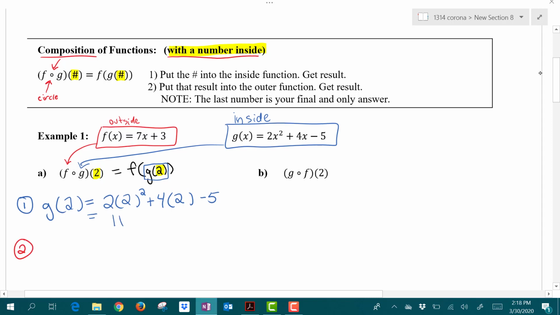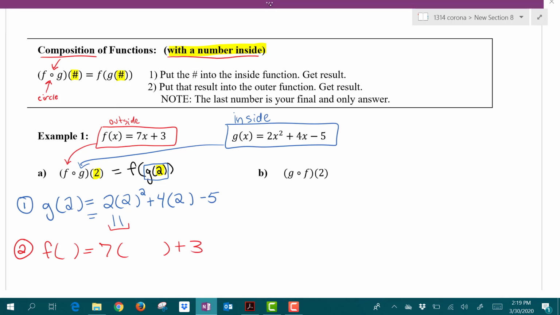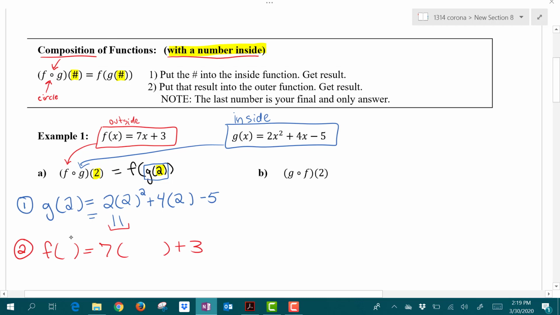Now step 2 says that we're going to take the result that we got and put that into the outer function. The outer function is f, so we write down function f with parentheses in place of x, so that's 7 times parentheses plus 3. We take that 11 that we got from the previous answer and drop that into the parentheses.